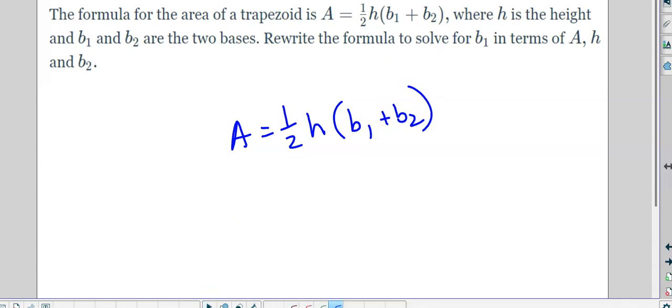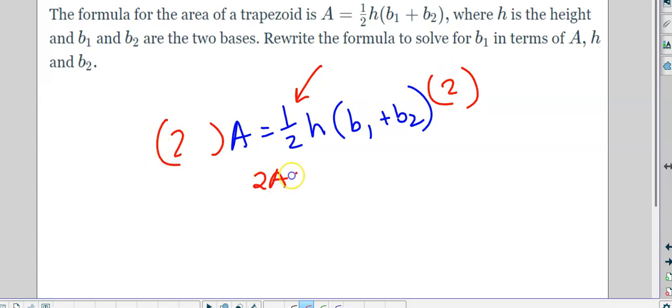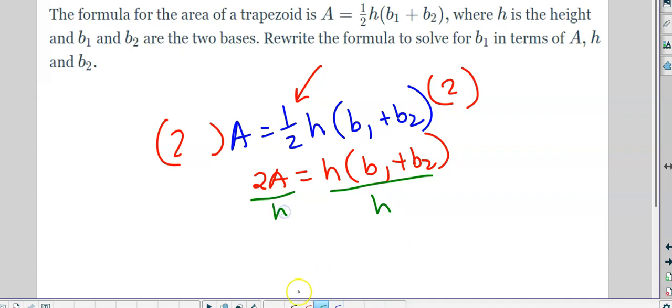So I'm going to remove this fraction first, and I'm going to multiply both sides by 2, giving me 2a equals h times b1 plus b2. Then I'm going to remove this h, giving me 2a over h equals b1 plus b2 with no more parentheses because there's nothing timesing anymore.